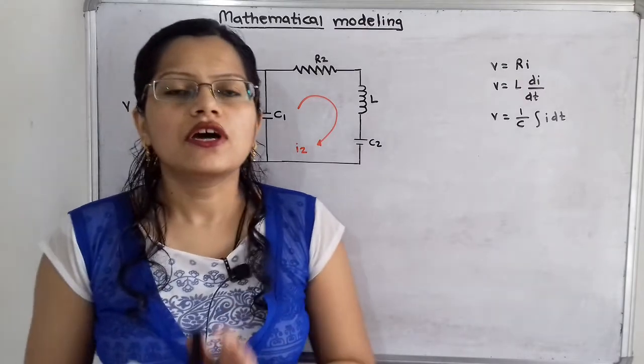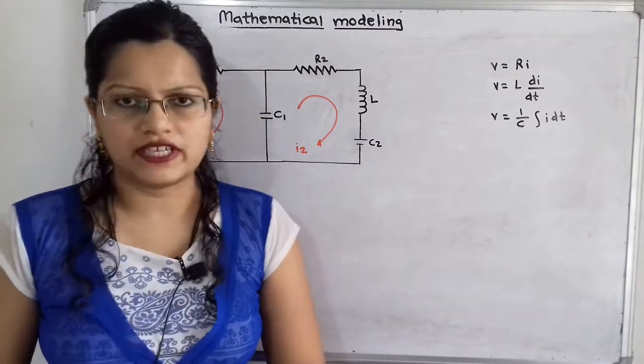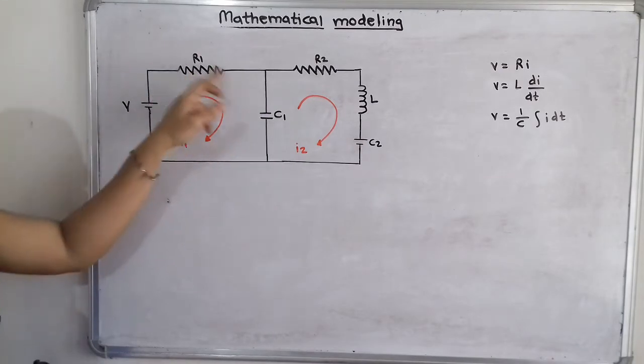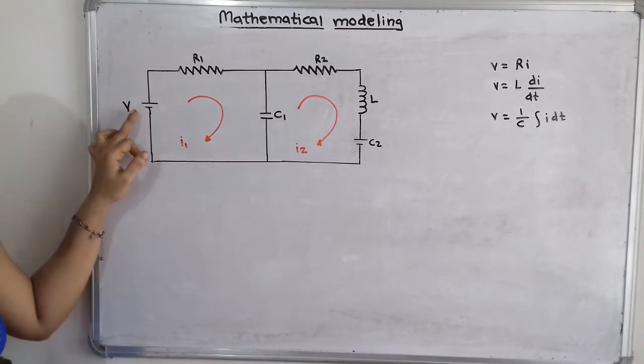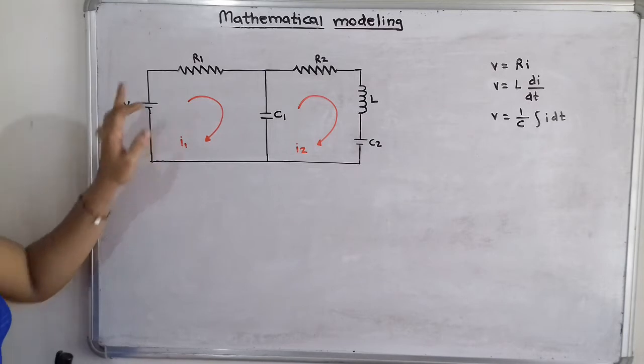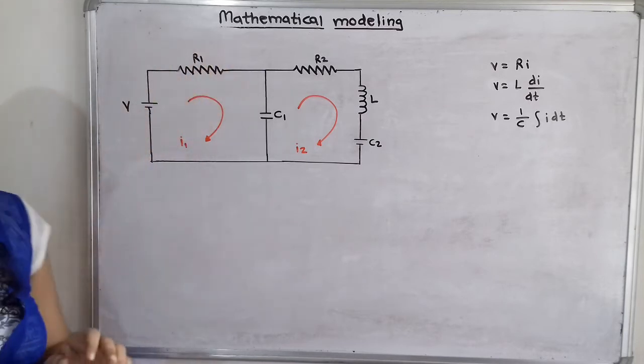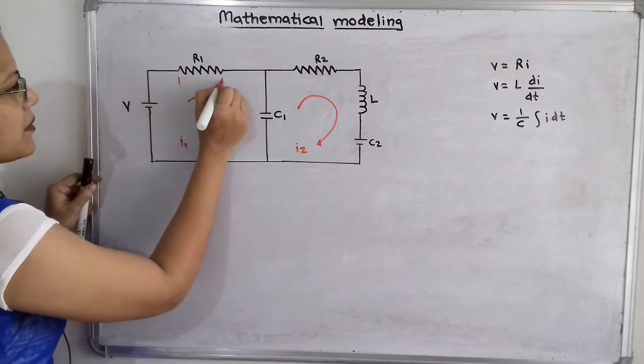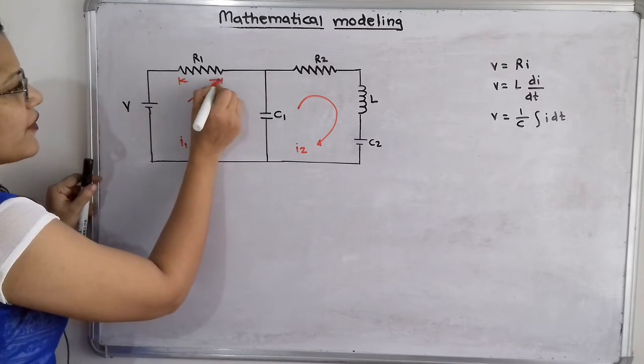We have to write this in terms of voltage. If we observe this first loop, the input is voltage V. Then the voltage across R1 is nothing but VR1.